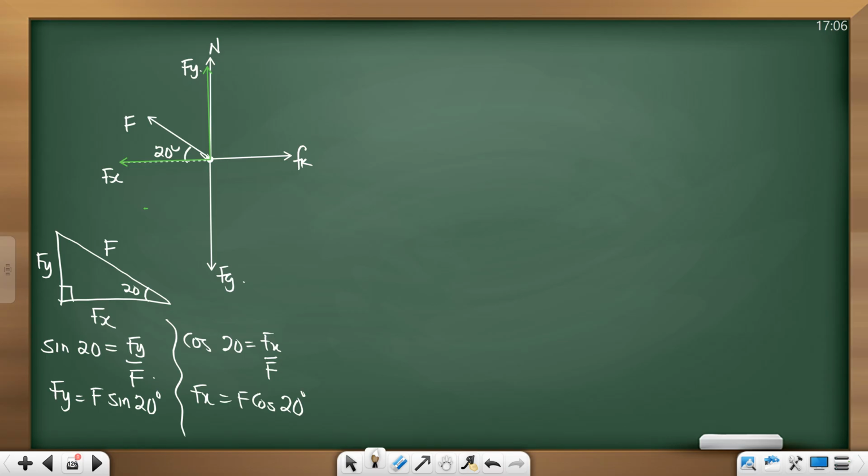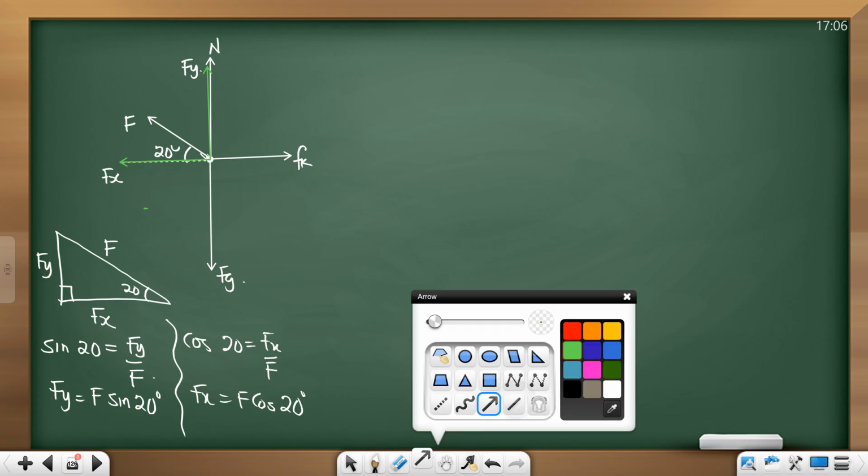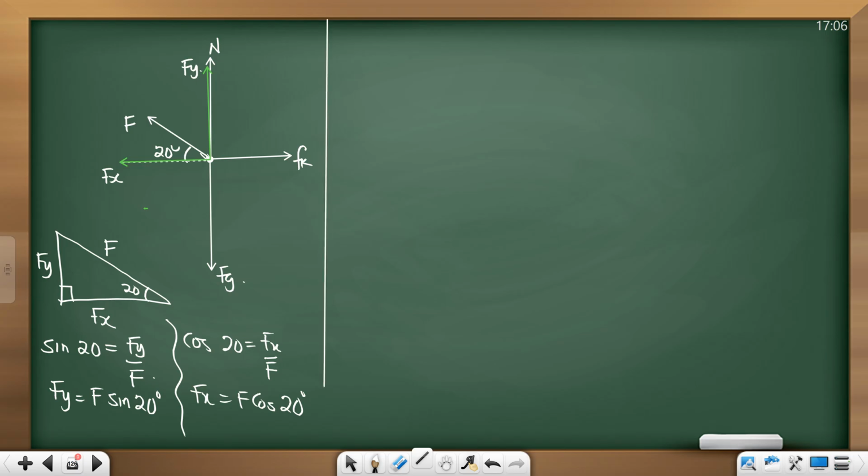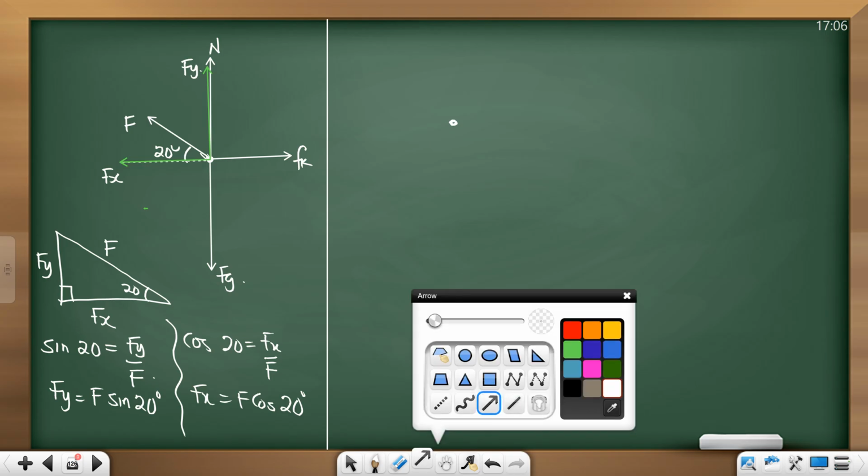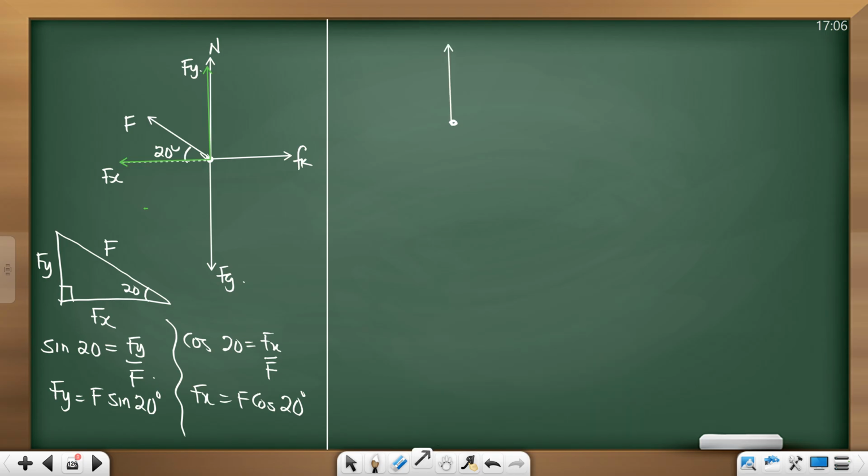Good. Now the examiner says we should find work done by what? Friction. Please, very, very important. This question is more than 4 marks. So I'm going to take it slow. What is my new diagram looking like? If you understand this question, I think we should be good.